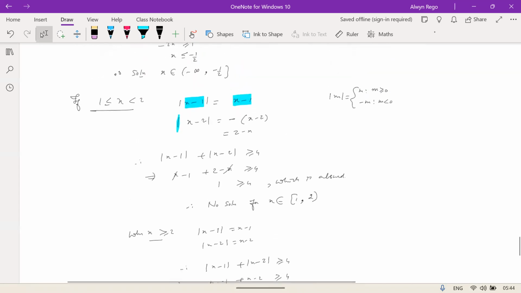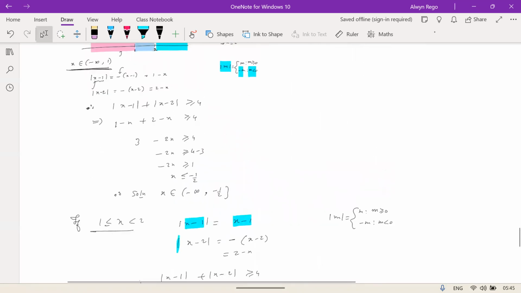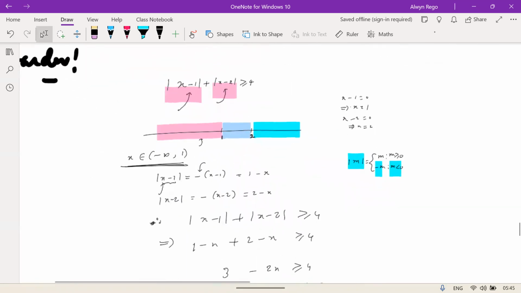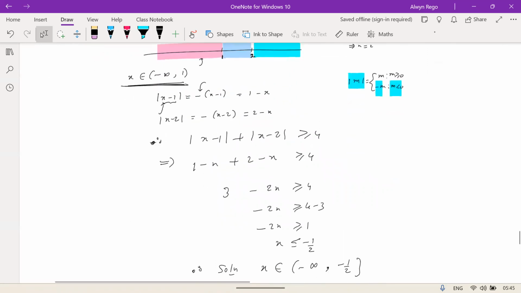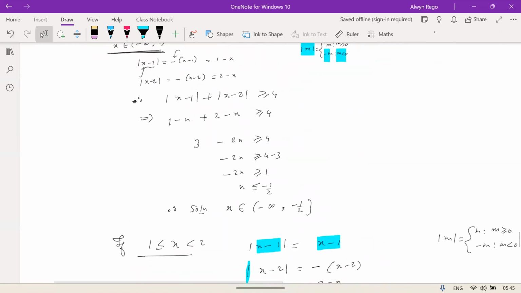So if you chose your x in the real numbers to be a value less than 1, you will find the solutions for the problem from minus infinity to negative half. If you chose the value until 1 here, you will find solutions only in this zone.